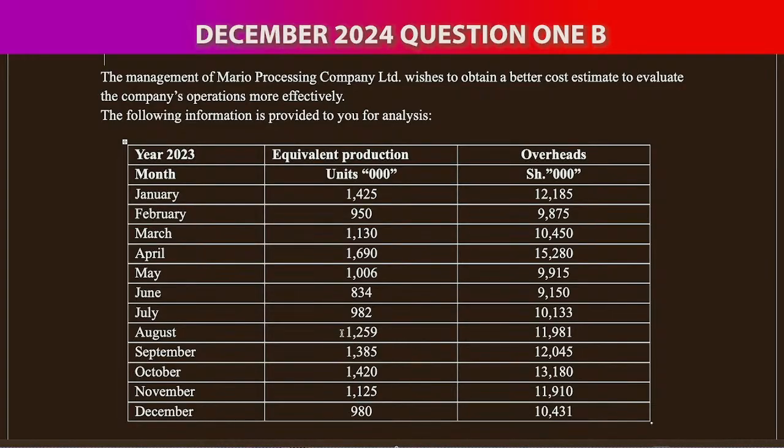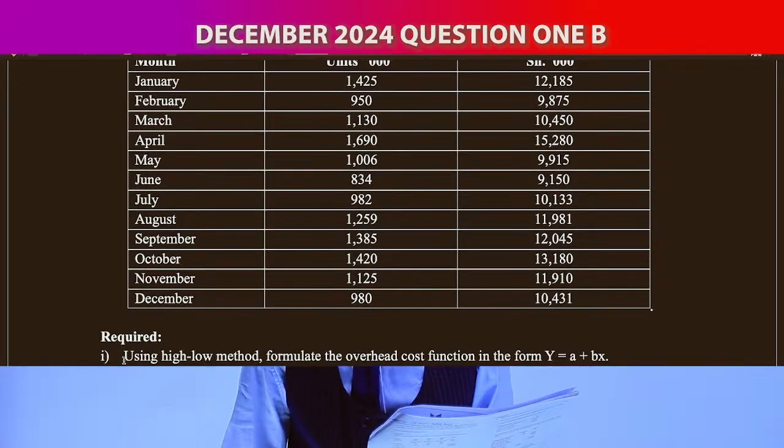August 1259 units, a cost of 11,981. September 1385 units, a cost of 12,045. October 1420 units, a cost of 13,180. November 1125 units, your overhead is 11,910. And December 980 units with an overhead cost of 10,431.